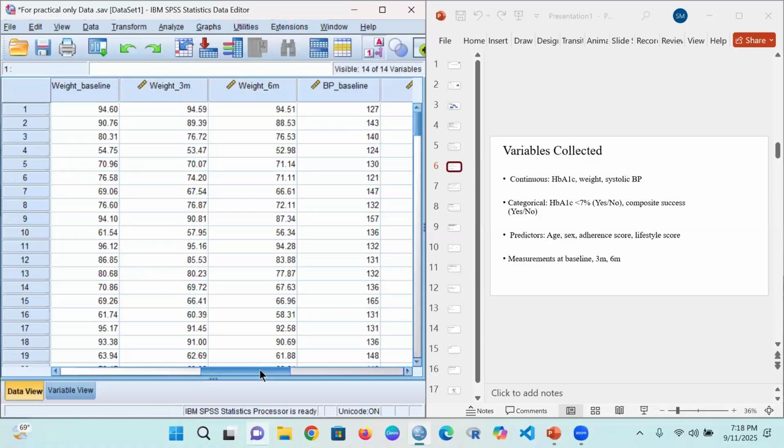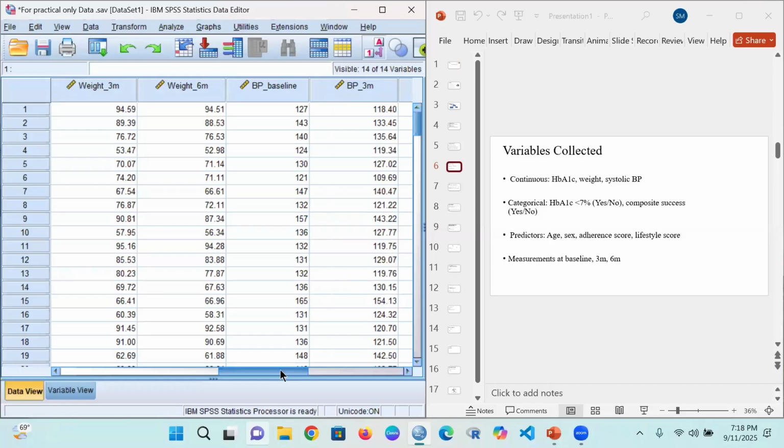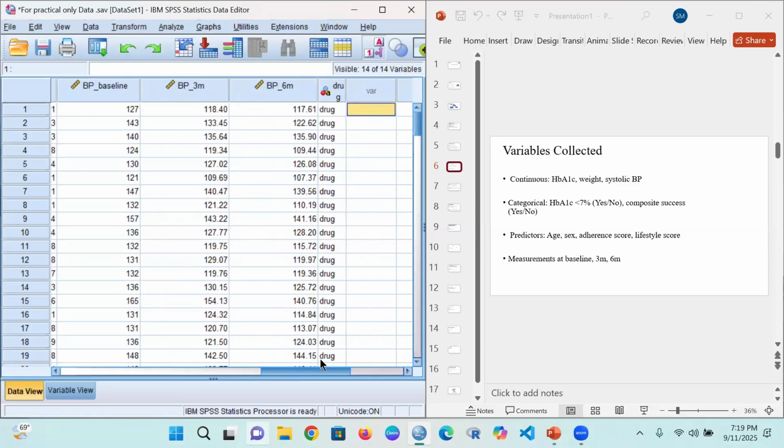The same goes for the blood pressure, which was recorded at baseline, that is the first visit, the second visit, and the third visit. There are three visits: the baseline first visit, the second visit after 3 months, and the third visit after 6 months.